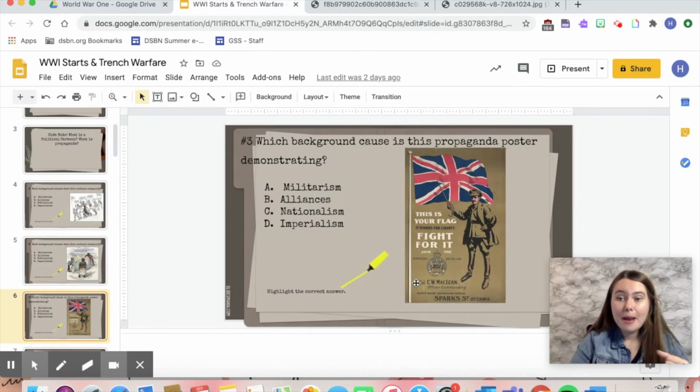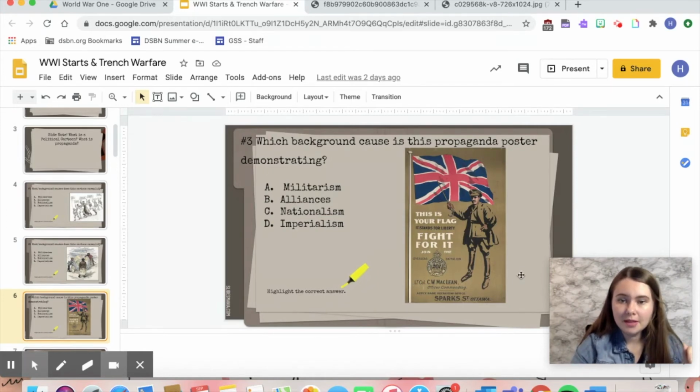They are very biased, meaning that they're only showing one point of view, and it's usually in support of or against something. And similar to political cartoons, they use very exaggerated and stereotypical theming, drawings, costumes, and icons throughout propaganda posters.